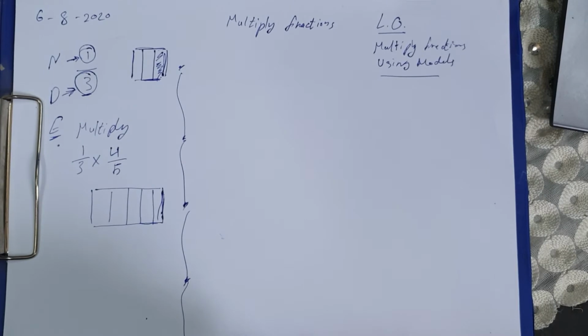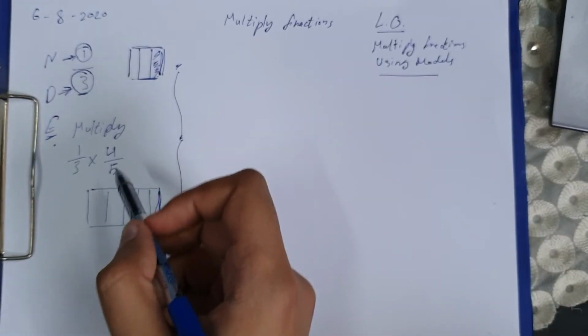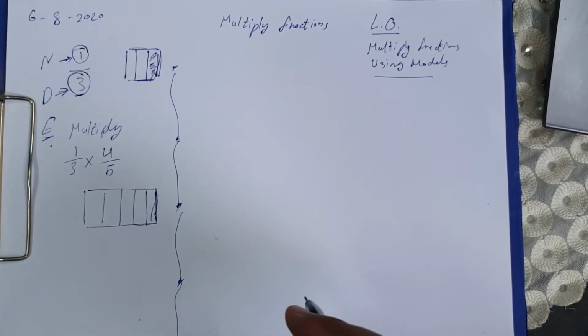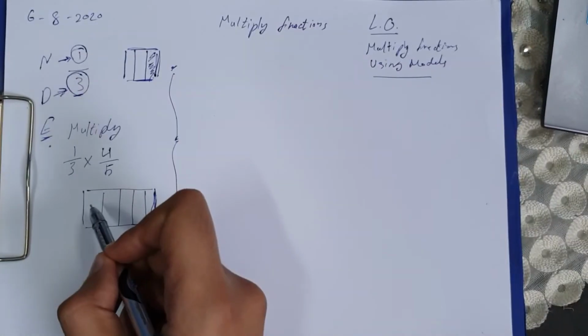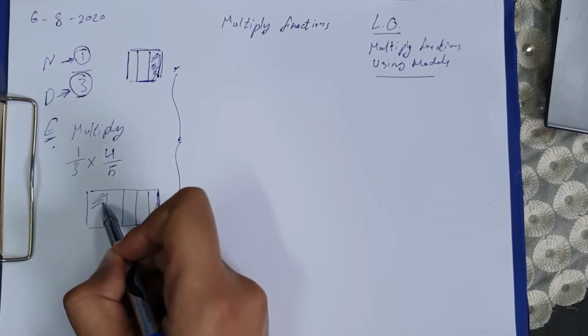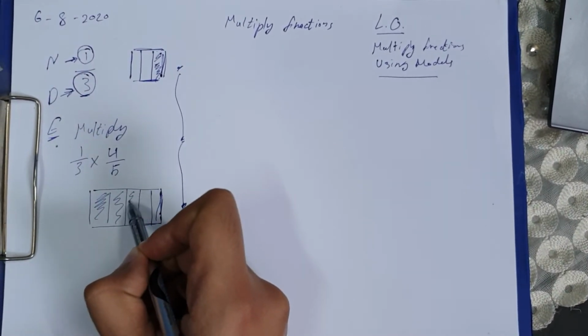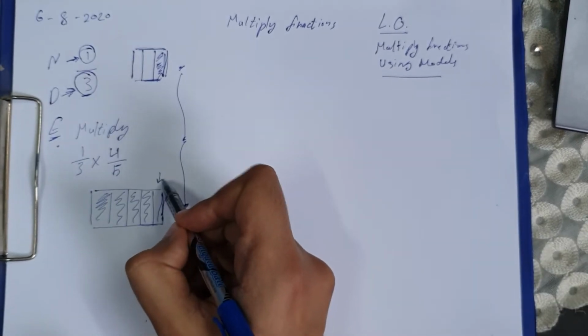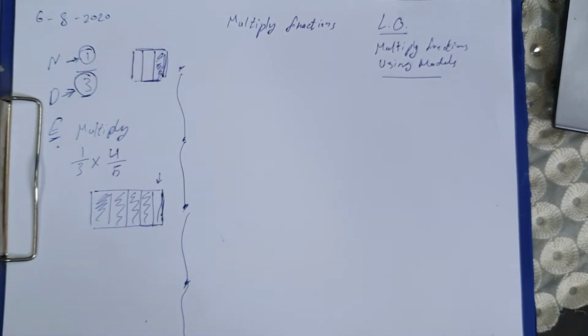Then I will shade 4 parts of the 5 columns, here, for example, 1, 2, 3, and 4. This one is empty. Focus on that.